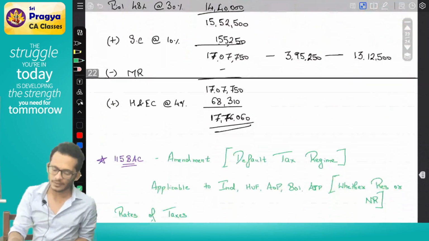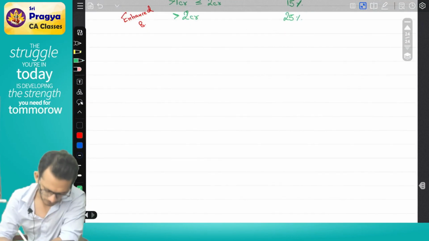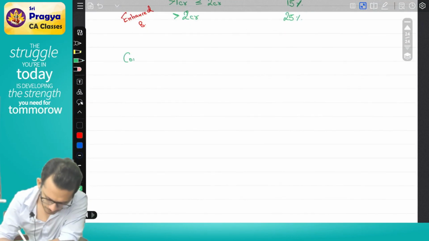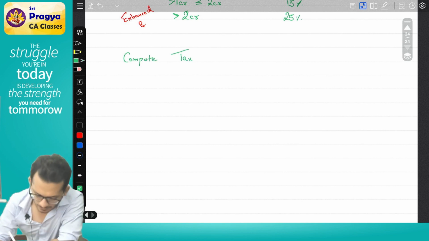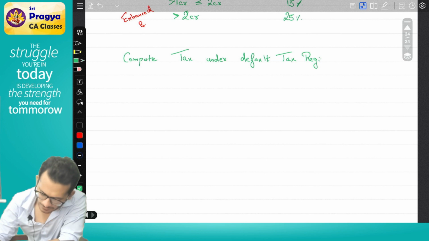Rahul, how will this be presented in the exam? In the exam, they will say, compute tax under default regime.